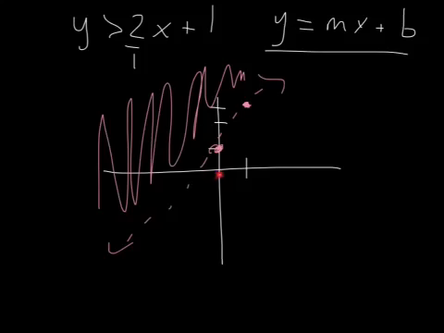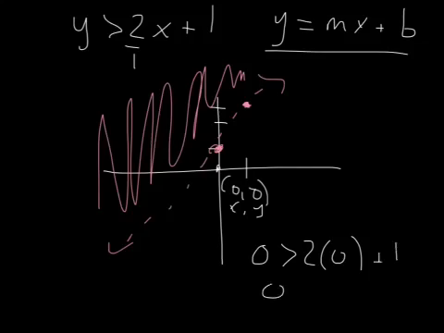So let's go ahead and take 0, 0. Let's take this point here, 0, 0. Now we don't have that shaded, so we shouldn't get a true answer when we check this. So let's plug this into our inequality up here. My y value is 0, is greater than 2 times x, which is 0, plus 1. This would give me 0 is greater than 1.